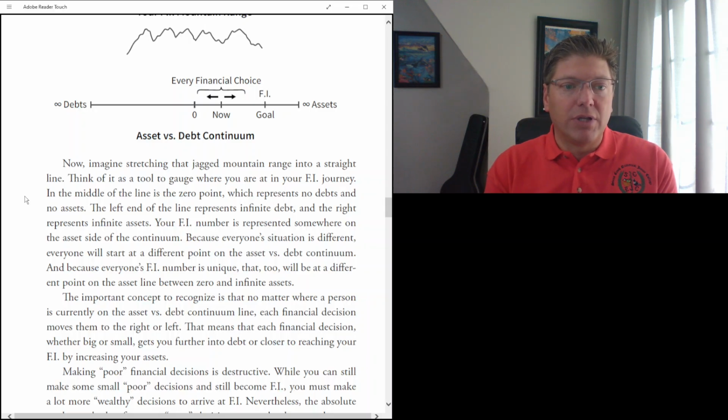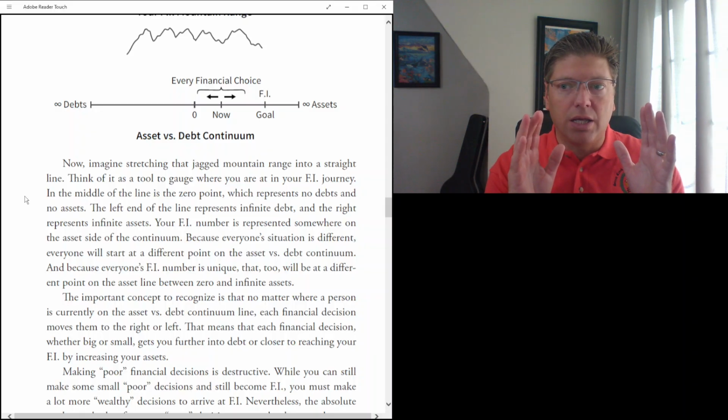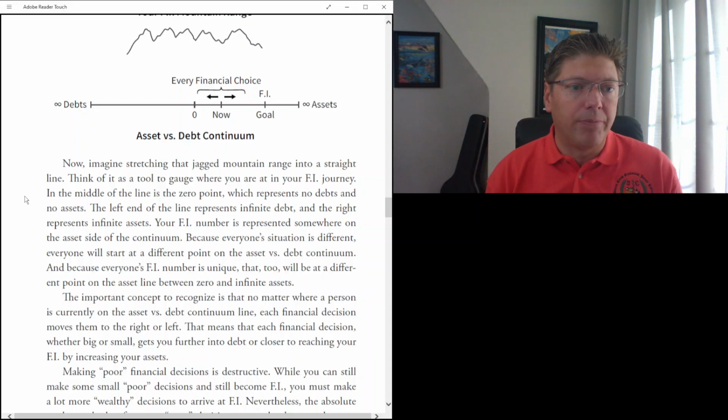In the middle of the line is the 0 point, which represents no debts and no assets. Remember, in the beginning of the book, we talked about starters, winners, and so forth. We're basically providing a mental picture of that right now.